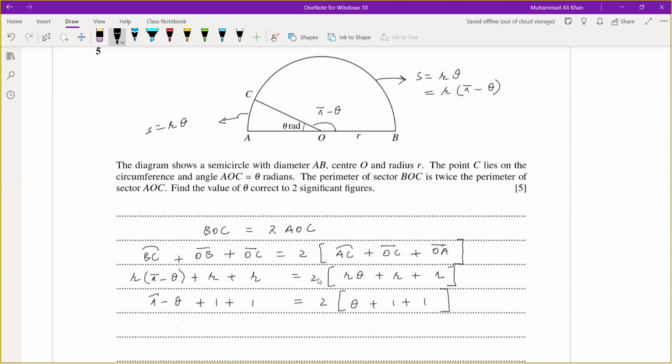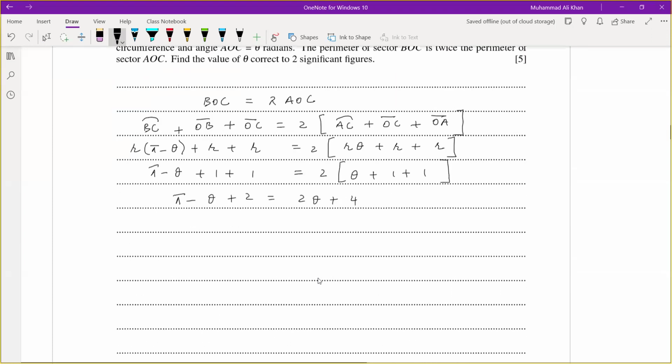It will be pi minus theta plus 2 equals 2 times (theta plus 2), which is 2 theta plus 4. We have to make theta the subject. Taking theta to the right side, 2 theta plus theta is 3 theta, equals pi, and 2 minus 4 is minus 2. So the value of theta is (pi minus 2) divided by 3.